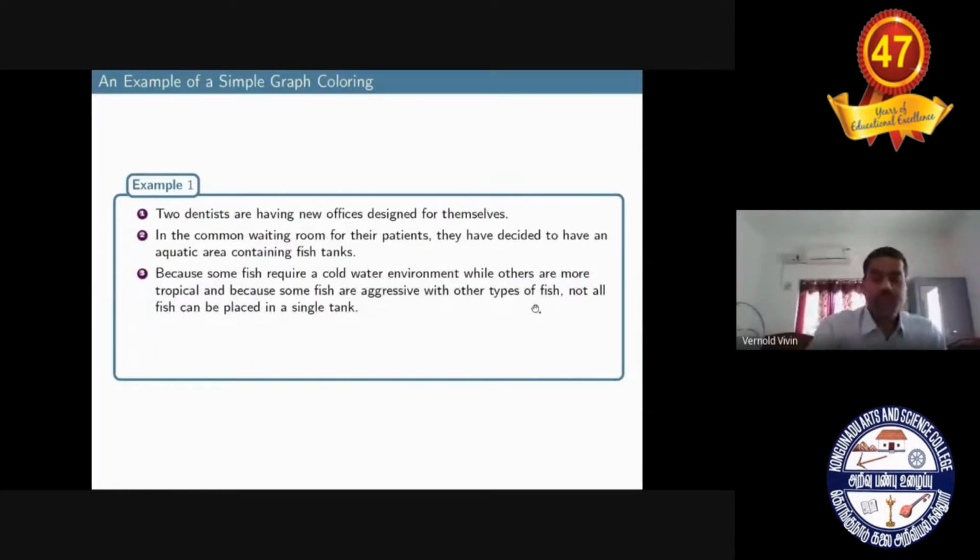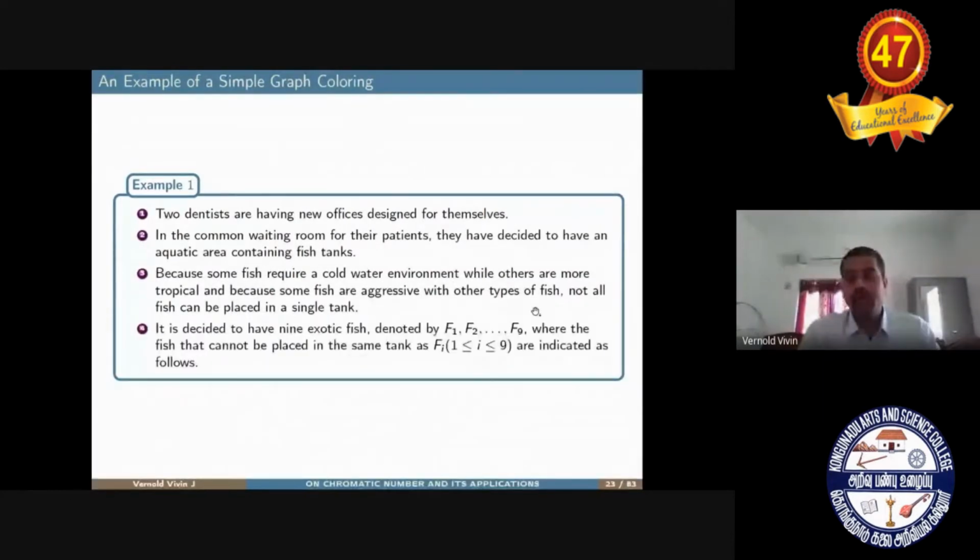Next, they have decided to have 9 varieties of exotic fishes, denoted by F1, F2, up to F9. Fishes that cannot be placed in the same tank are, for example, F1 and F2; if they have common characters, they can be placed together.